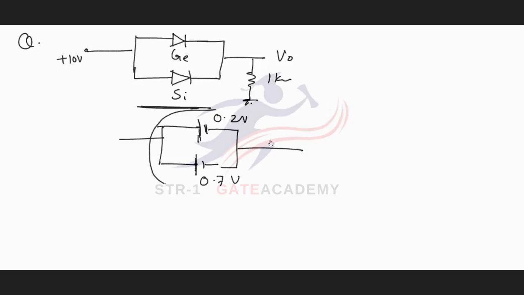In this particular part of the circuit, there are two parallel branches, one is this and one is this. In these two parallel branches, there are different voltages. But according to Kirchhoff's voltage law, in parallel branches there cannot be two different voltages. So either this diode will be off, or this diode will be off.